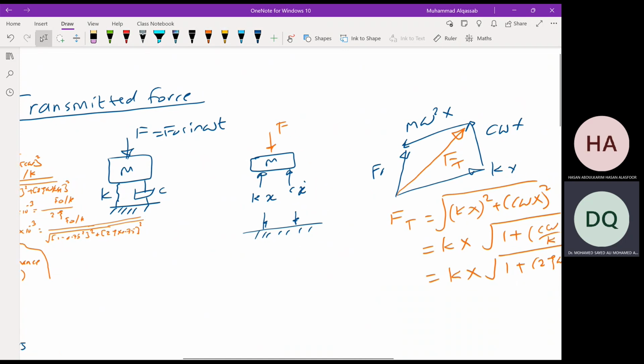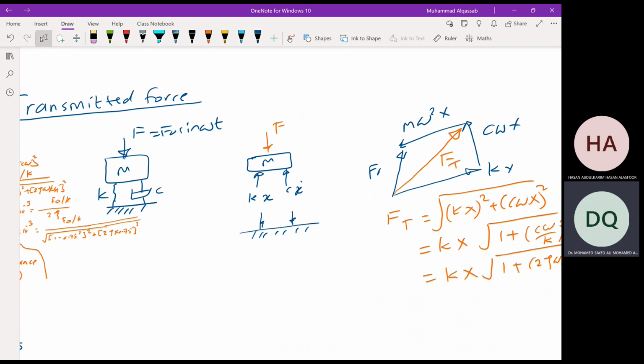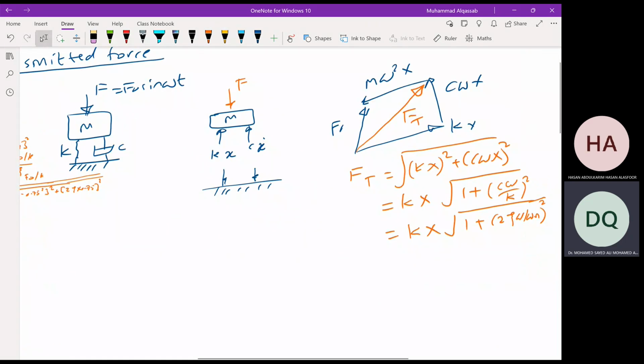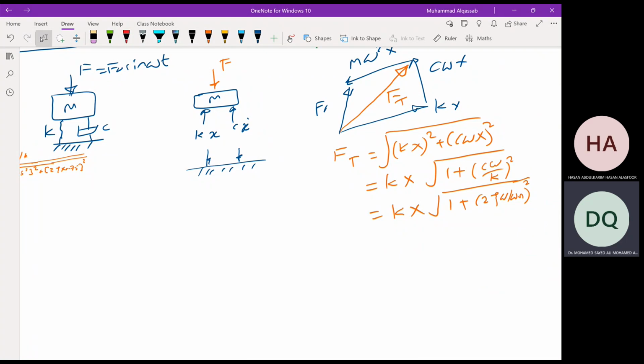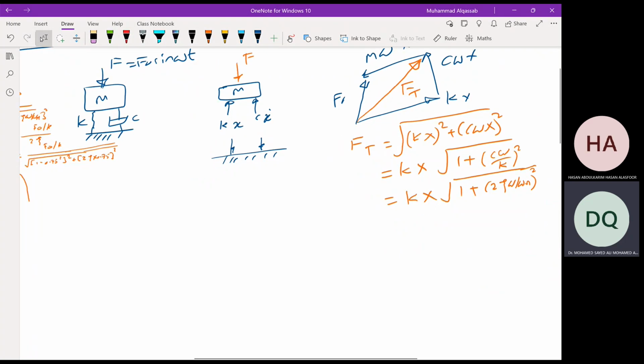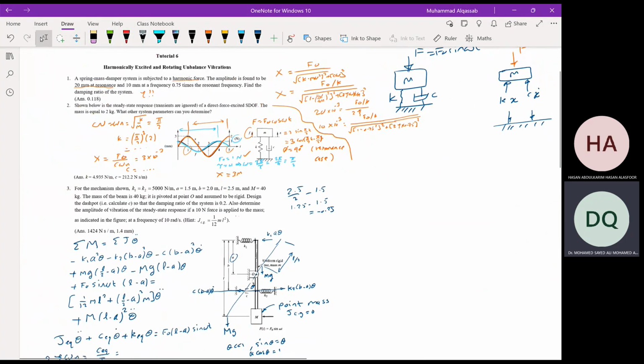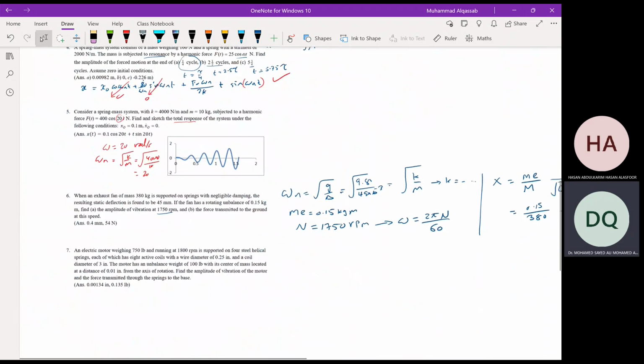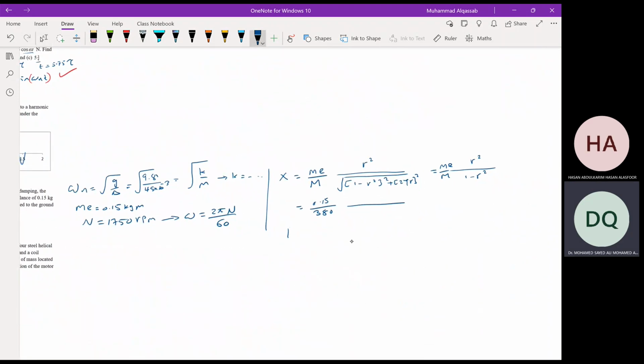Since here we have no dampers, the damper force is 0, and the transmitted force will be only K times X. That will give us the amplitude of the transmitted force. So part B, Ft will be only K times X. That will be the force transmitted from the machine.